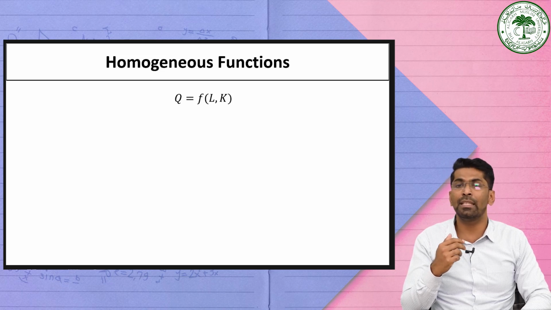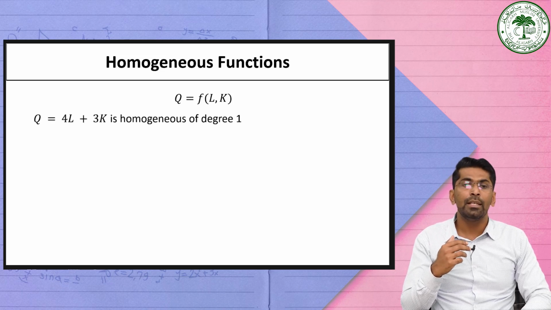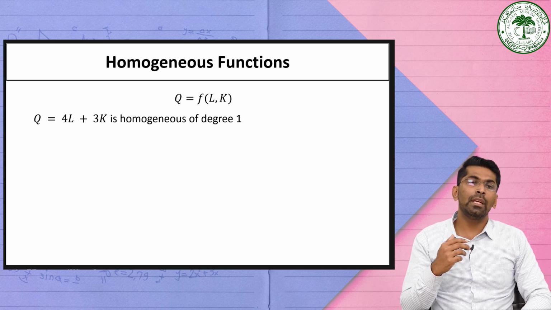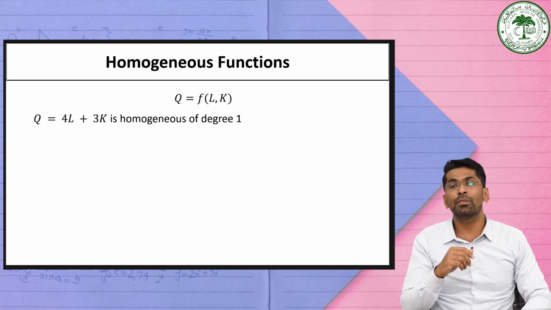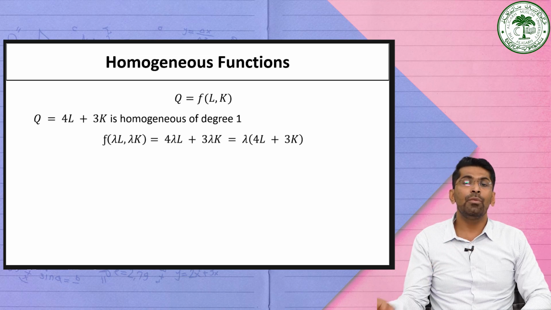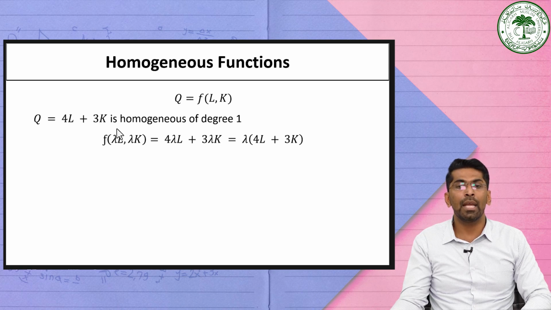It can be easily understood by using an example. See, Q equals 4L plus 3K is homogeneous of degree 1, because if you multiply a scalar, lambda, with both variables, labor and capital, it will become 4 into lambda L plus 3 into lambda K, which is equal to lambda, completely factored out.